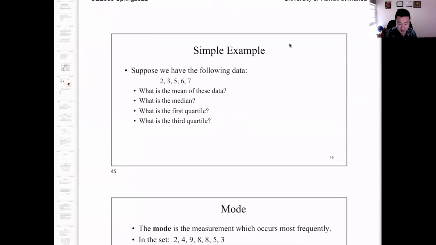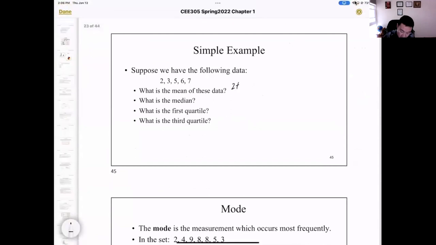So what is the mean? The mean is the sample items added together divided by the sample size, and it is the most straightforward. So 2 plus 3 plus 5 plus 6 plus 7 divided by the sample size, which is 5.